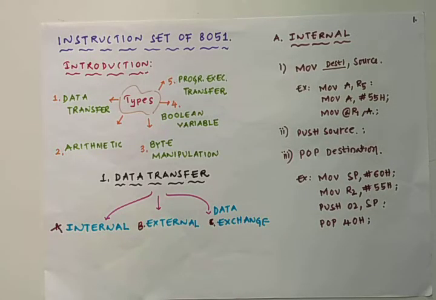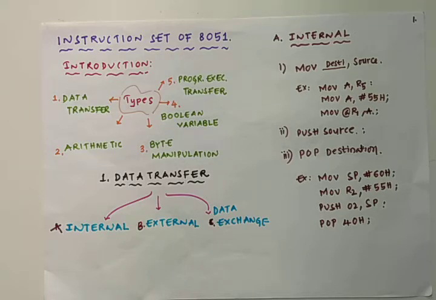The memory location from which the data is moved remains unchanged. We are not applying any operation on the data, that is, on the operands. We are simply transferring the data from one location to another location.